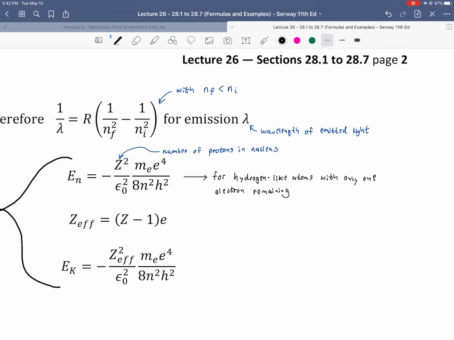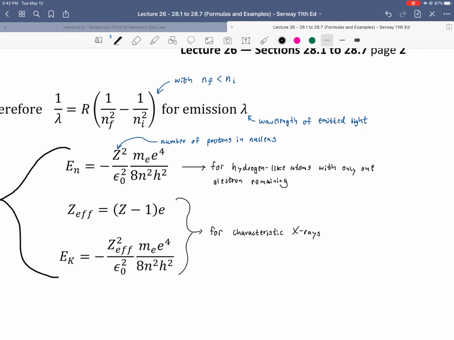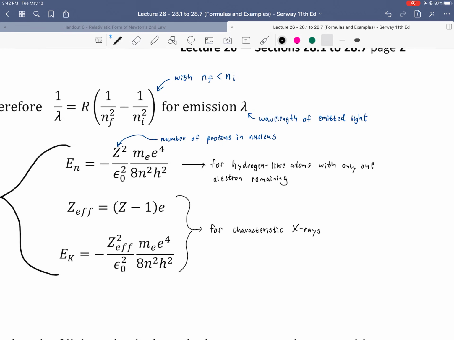Now what about this next one? Well, this next couple of equations apply to characteristic X-rays. So what is a characteristic X-ray?